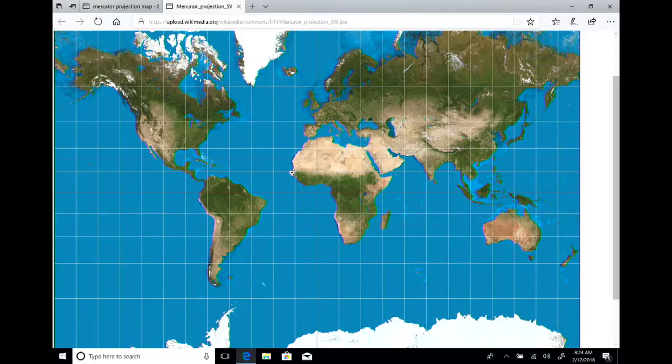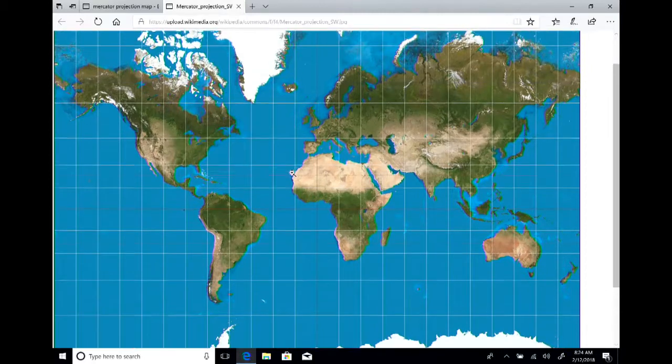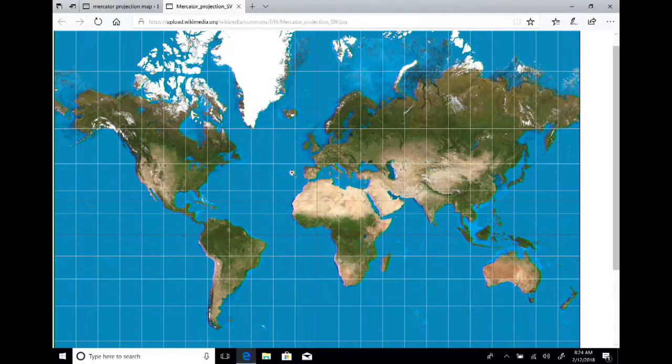All right, so let's take a peek here. This is a Mercator projection. That red line in the center is what? The equator. Now, you can see how things look pretty blockish there at the equator, correct? As you get north of the equator, they become more rectangular, right?